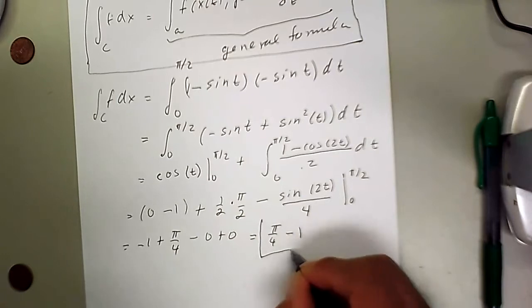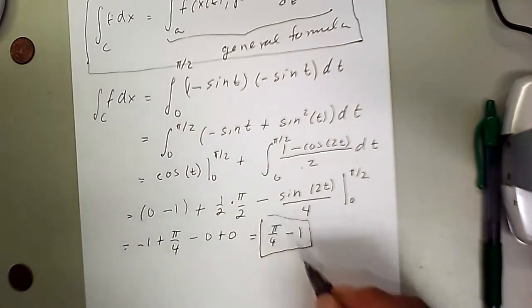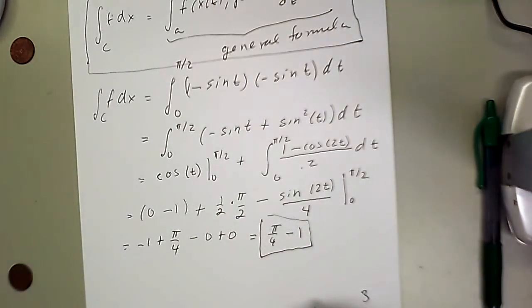I'm going to box it. Pi over 4 minus 1. I'm looking for a solution, perhaps.